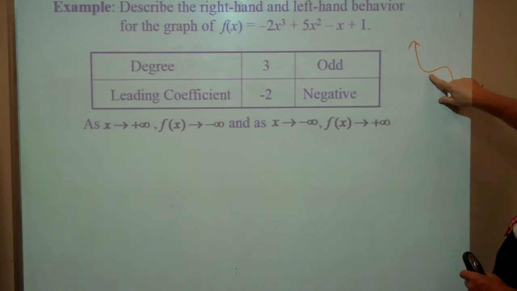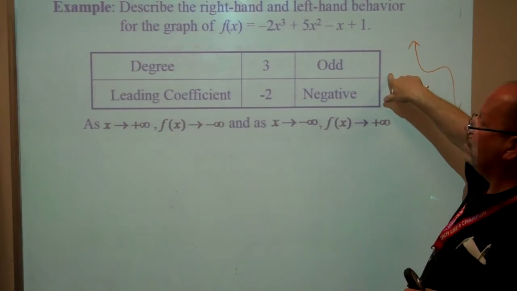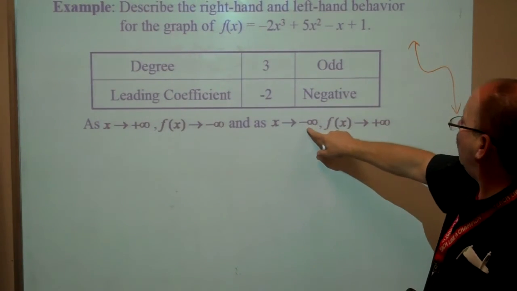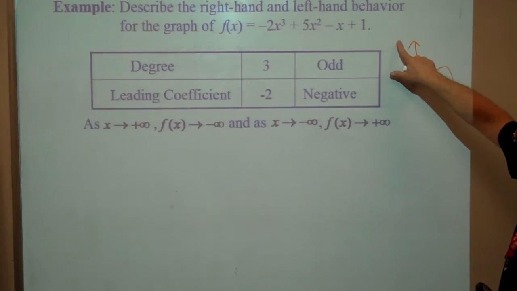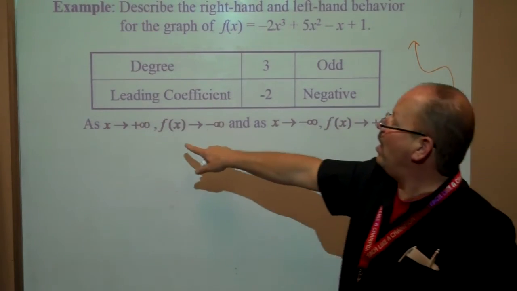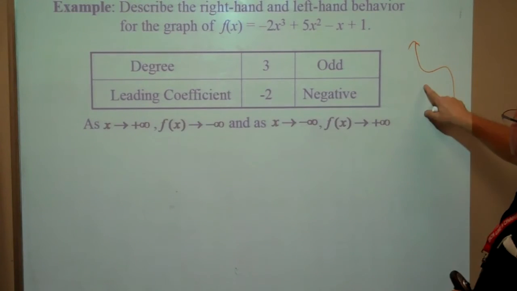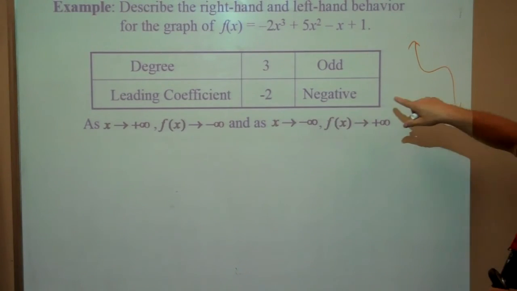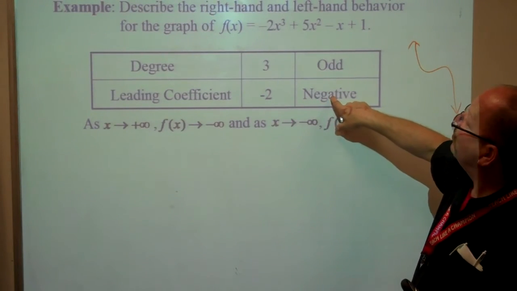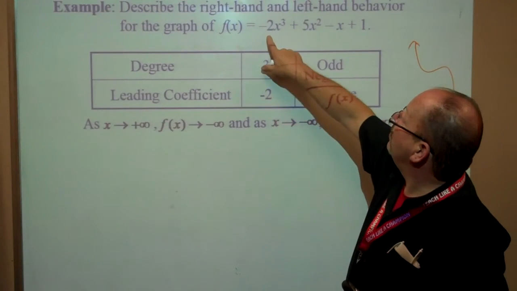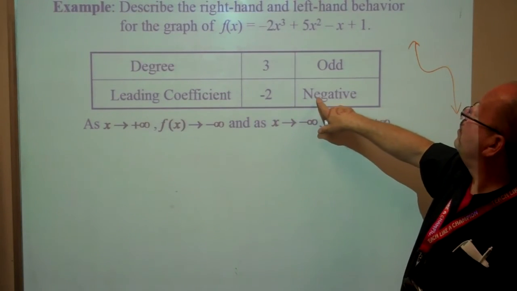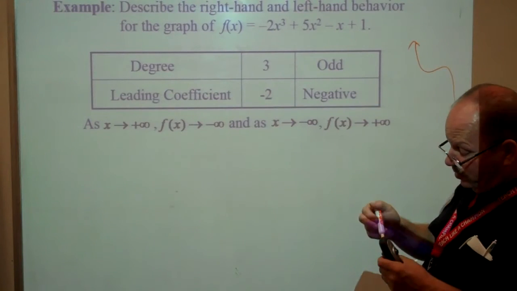And so as x gets lower, f of x is going higher, but as x gets higher, f of x is going lower. That's because the lead coefficient is negative, and it's odd.